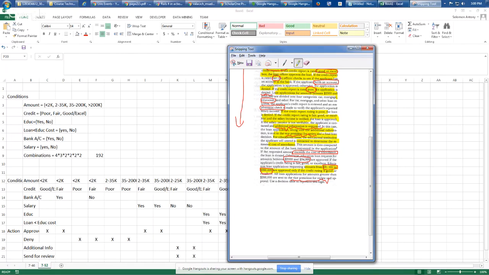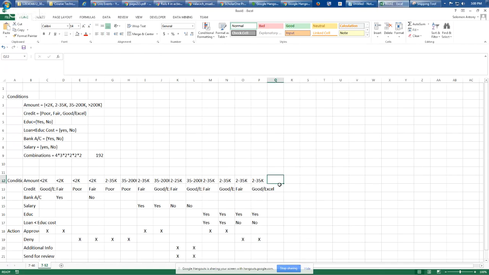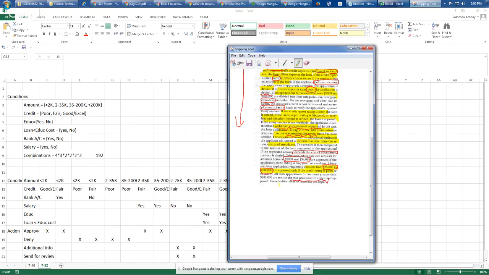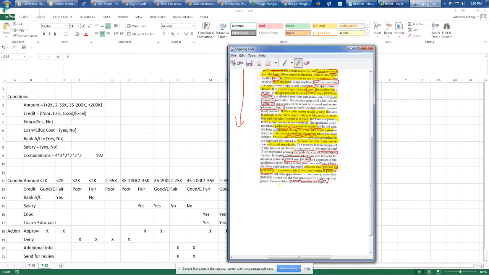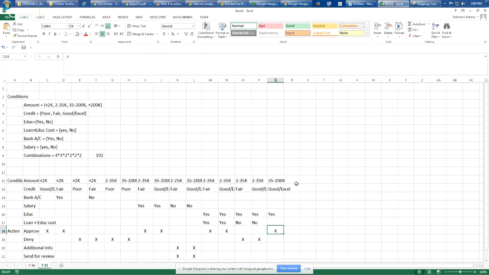It says education loan application, so 35 to 200, only if credit is good or excellent and it is for education, then it is approved. You don't have to check if the loan is less than the education cost. It doesn't say that. All loan applications for amounts greater than 200,000 are sent to the vice president for review. So anything above 200,000 is simply sent for review.